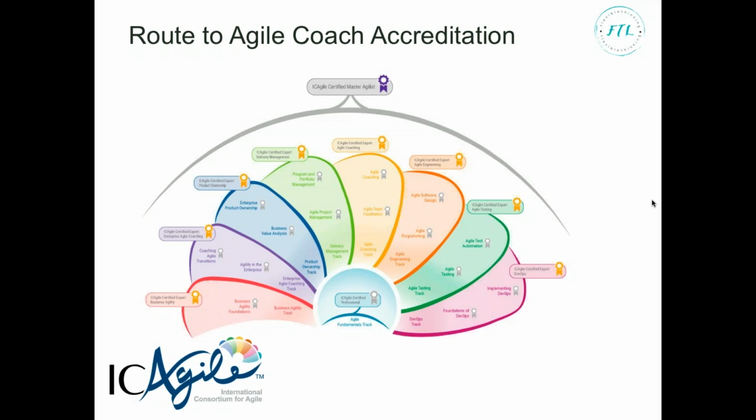The little tickets on each of the fans represent classes. But the really interesting thing is behind each of those little tickets are dozens and dozens of learning objectives. What makes IC Agile unique as an organization is that they've gone out to the Agile world, approached Agile thought leaders around the world, and asked if they want to be involved and contribute.